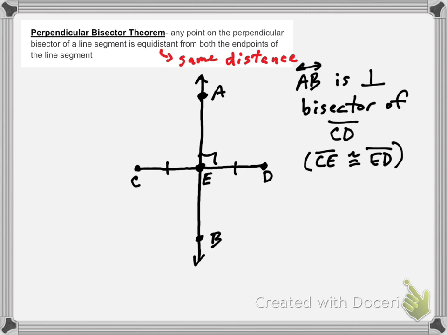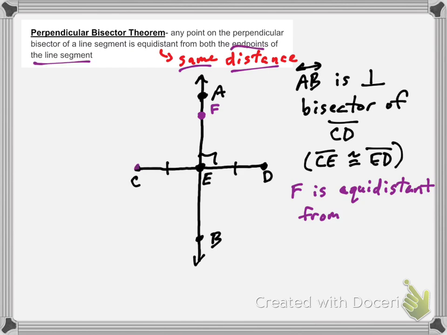Now, here's what the perpendicular bisector theorem says. If I pick any point on AB, let's say I pick this point, we'll call it F. So F is equidistant, same distance, from the endpoints of the line segment.